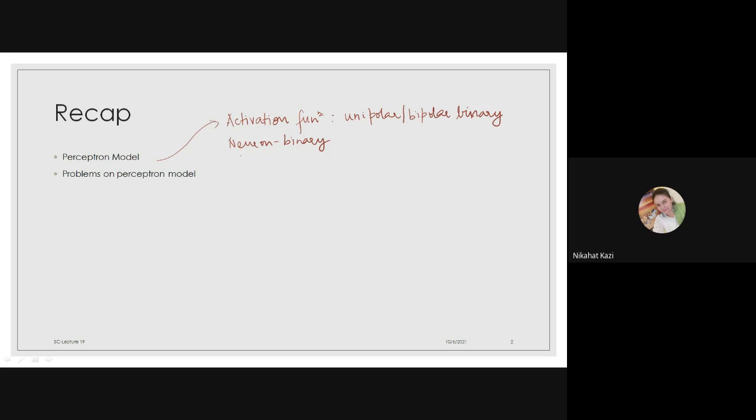So what is the delta W value for the perceptron? What is the weight update equation? For perceptron, we wrote a simplified weight update equation, right? Do you recollect that?